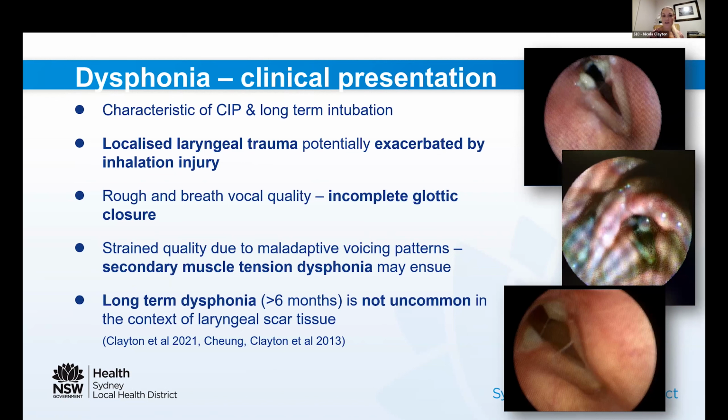Sometimes we see a strained vocal quality due to maladaptive voicing patterns as these patients can sometimes develop secondary muscle tension dysphonia. Long-term dysphonia beyond 6 months is also not that uncommon in this population, especially in the context of laryngeal scar tissue as well.